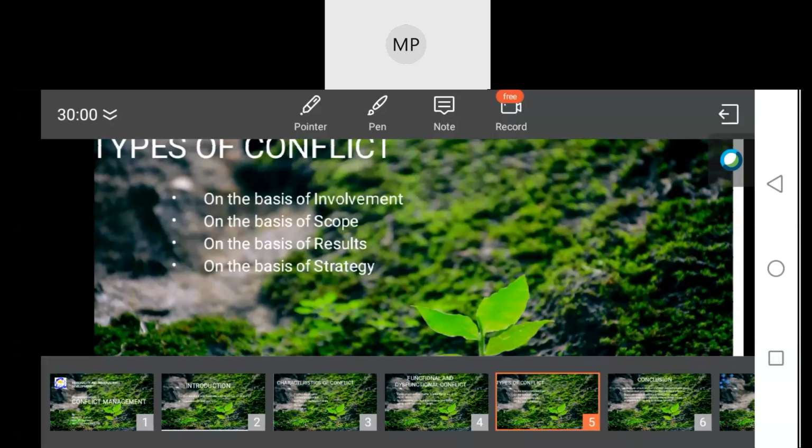Third point is on the basis of results. Conflict can be constructive or destructive, creative or destructive, and positive and negative. Destructive conflicts are also known as dysfunctional conflicts because such conflicts prevent a group from attaining its goals. Fourth is on the basis of strategy. Conflicts may be competitive and cooperative.